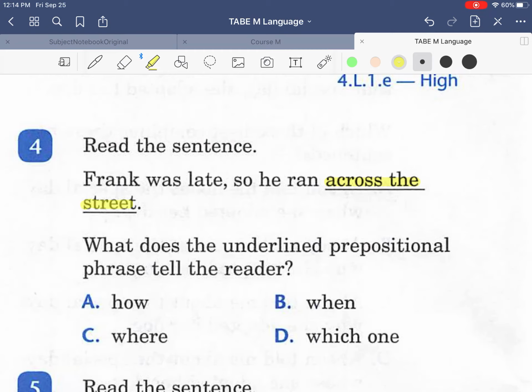Across the street tells me where he ran. That makes it an adverb phrase. The answer to this question is C. It tells me where he ran.